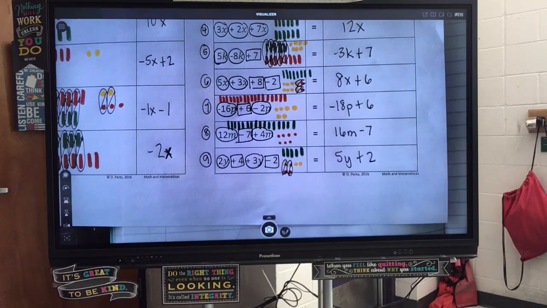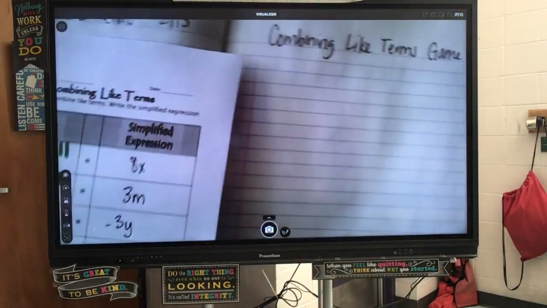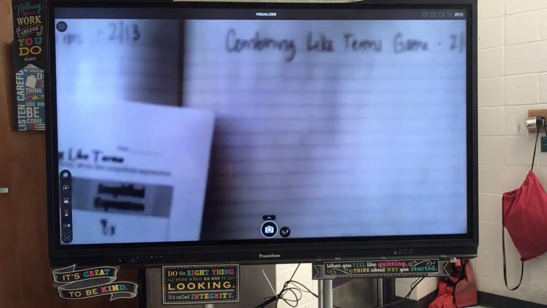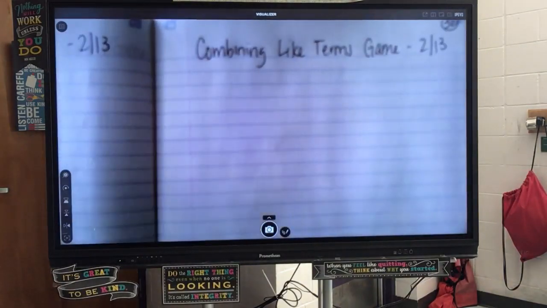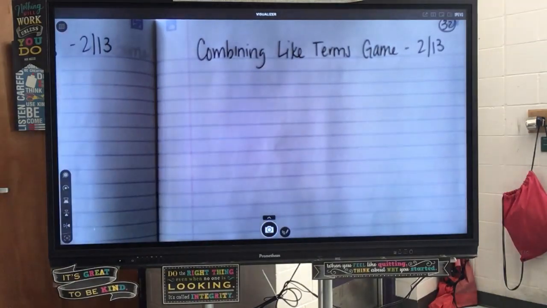You guys are gonna finish the rest of it tomorrow, because I don't want you to cut anything out and lose pieces and then not have it. So, what you are gonna do, title the next blank right page, combining like terms game. Give me a thumbs up when you have that done.